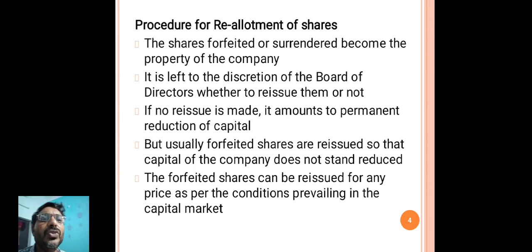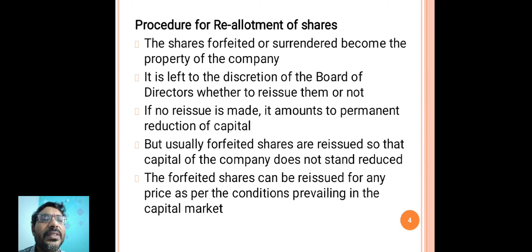But usually forfeited shares are reissued so that the capital of the company does not stand reduced.